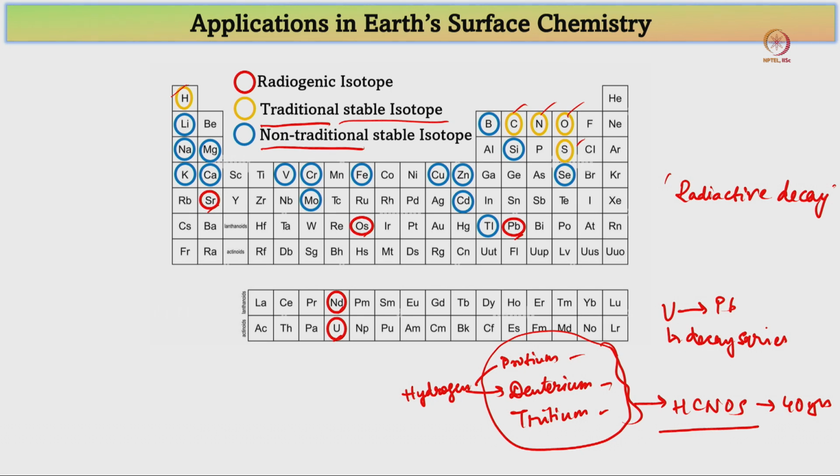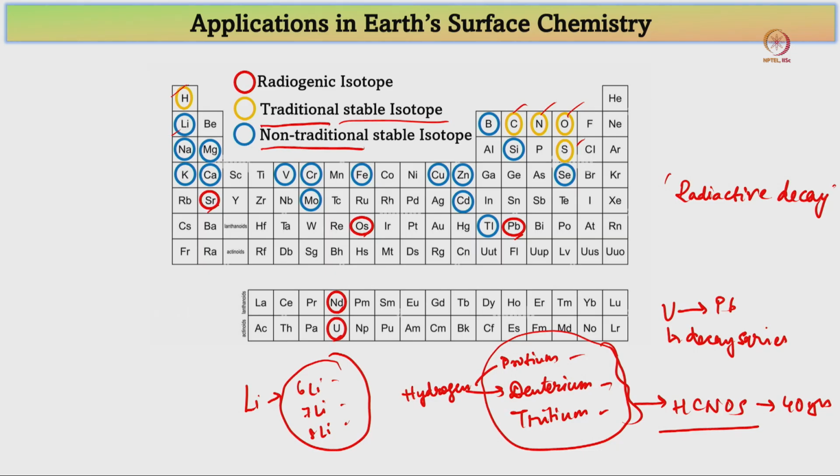For example, lithium will have 6 lithium, 7 lithium. Their abundances will also vary in nature. Now, we have the instrumental ability to measure this.